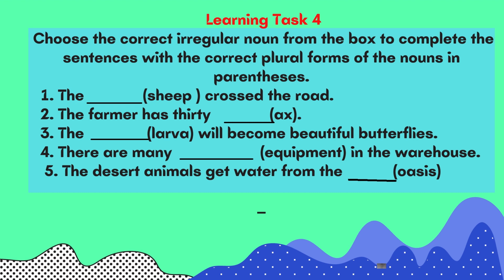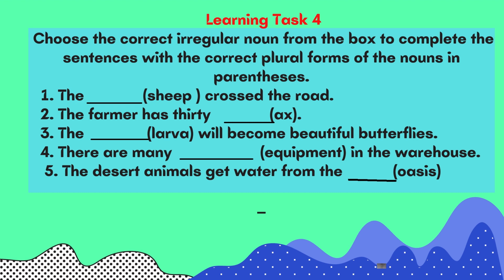Okay, number 2, the farmer has 30 blank axe. So write the plural form of axe in your answer sheet. Okay, number 3, the larva will become beautiful butterflies. What is the plural form of larva? Write it in your answer sheet.